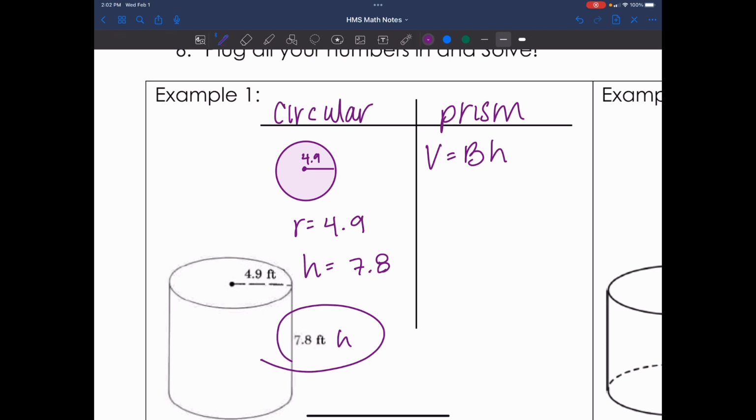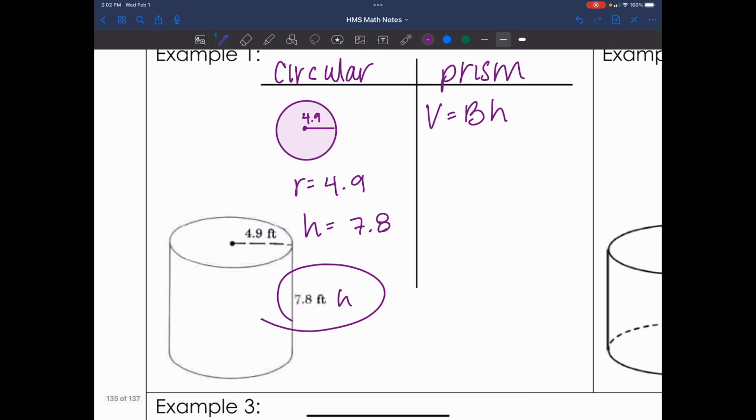Cool. So capital B equals pi r squared. Sorry guys, I made this all too big.